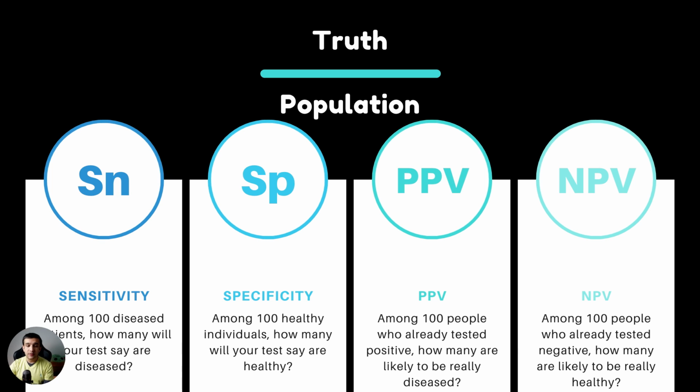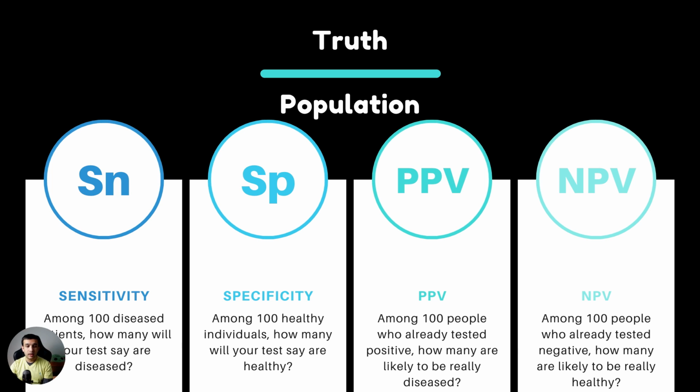Positive predictive value is, among 100 people who already have a positive test, how many are likely to actually be diseased. Negative predictive value is, among 100 who already have a negative test result, how many of them are actually likely to be healthy.